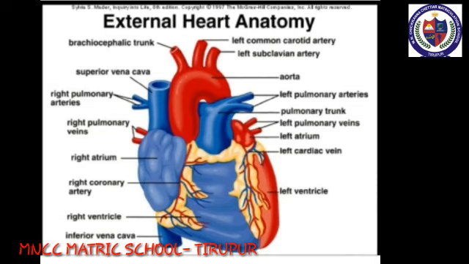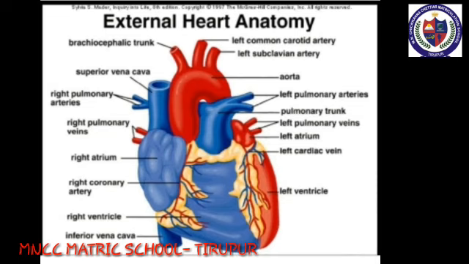Working. The right atrium receives deoxygenated blood through the superior vena cava, inferior vena cava and coronary sinus. Pulmonary veins bring oxygenated blood to the left atrium from the lungs. The left and right ventricles have thick walls as they have to pump out blood with force away from the heart.